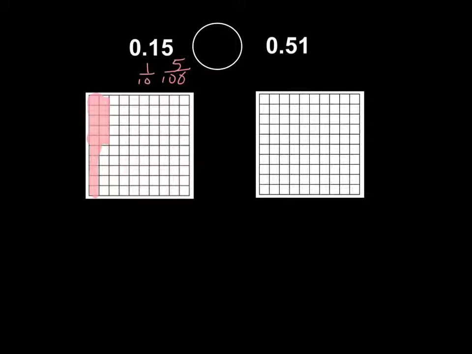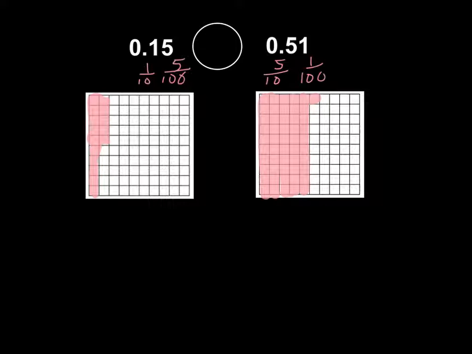Now for my next one, this is 51 hundredths. So if I decompose this, this is 5/10 and 1/100. So my area model is going to look different. I'm going to color in 1, 2, 3, 4, 5/10 and then 1 additional hundredth.